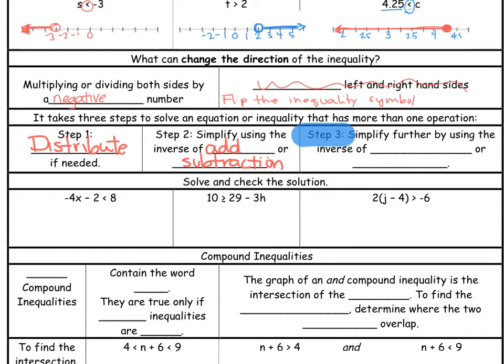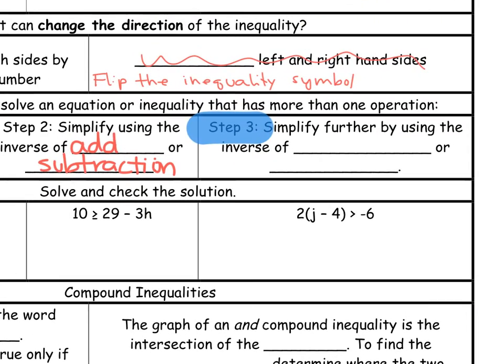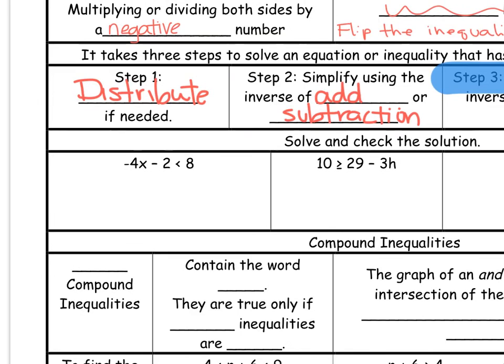That's going to determine whether or not we have to flip the inequality, because if that number is negative, it will flip the inequality. So if we're undoing the inverse of multiplication, which is division, or the inverse of division, which is multiplication, that's going to flip our inequality symbol around. So let me show you what I mean in this first example.